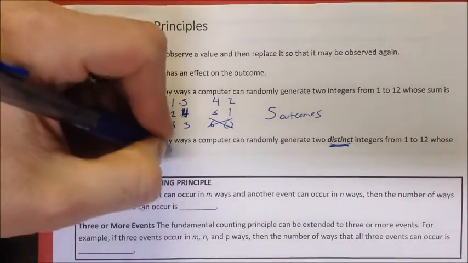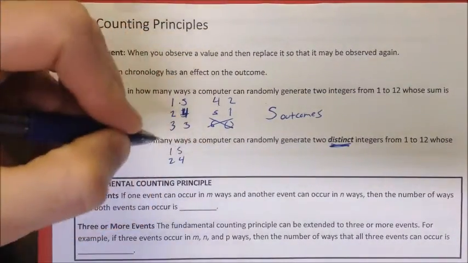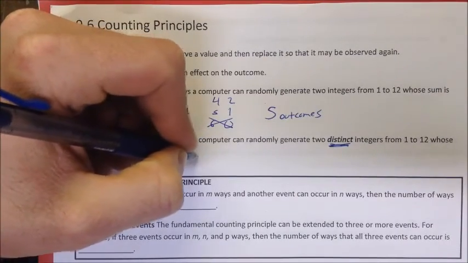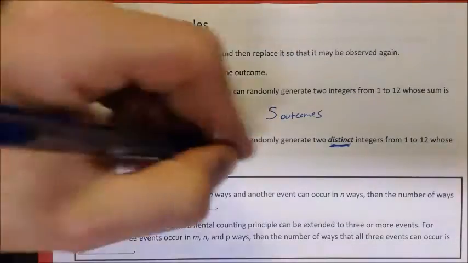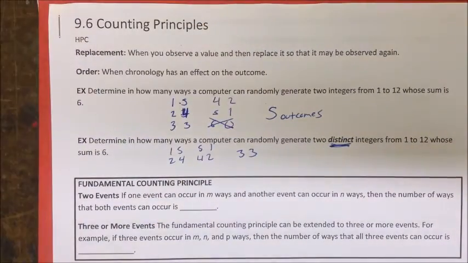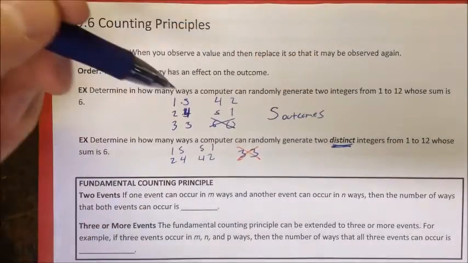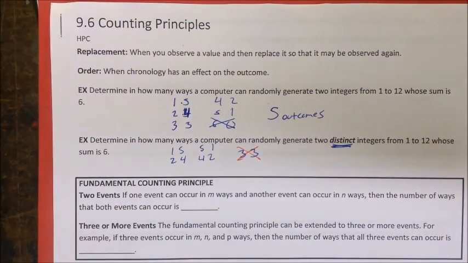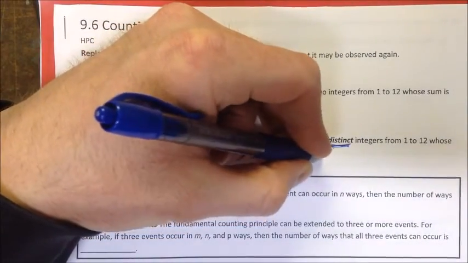So 1 and 5 is okay, 2 and 4 are okay, and similarly 4 and 2 and 5 and 1 are okay. The one that is not okay is 3 and 3 because it's the same number twice in a row. Because of that word distinct, you can't use the 3 and 3. So this time, there are only 4 outcomes available to us.